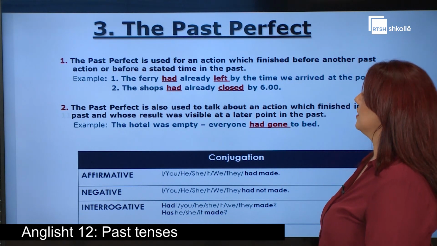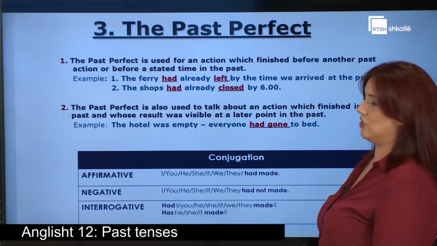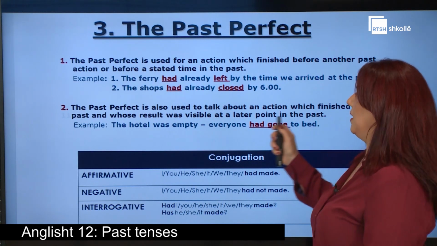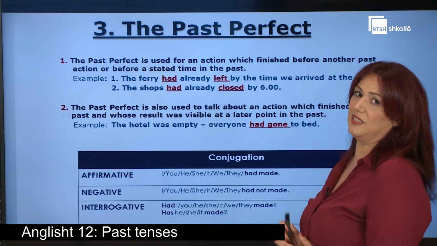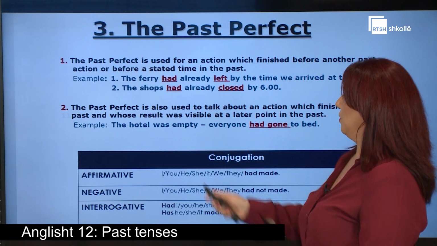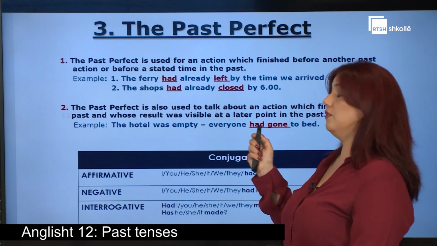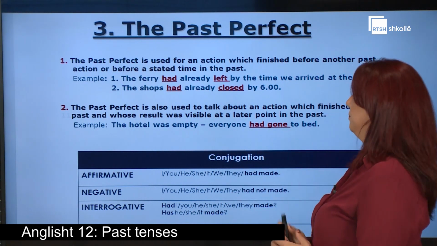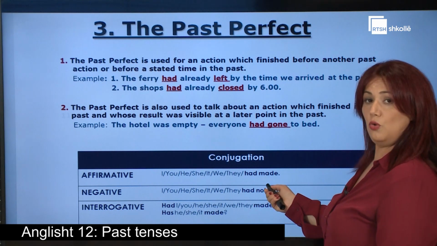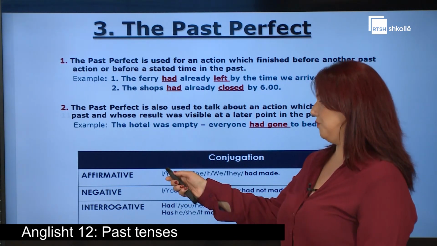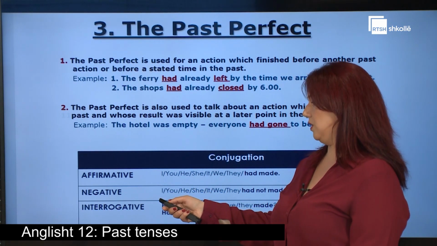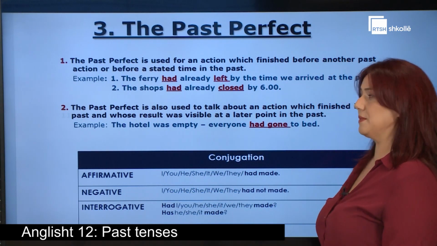Its second use is to talk about an action which was finished in the past and whose result was visible at a later point in the past. For example, the hotel was empty, everyone had gone to bed. Below, you have the table and the conjugation in the three forms, affirmative, negative, and interrogative, for the past perfect tense.